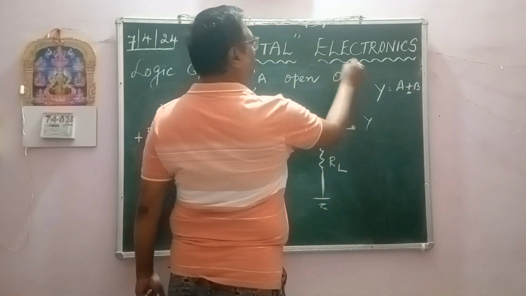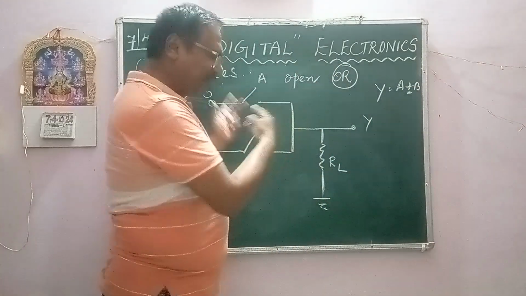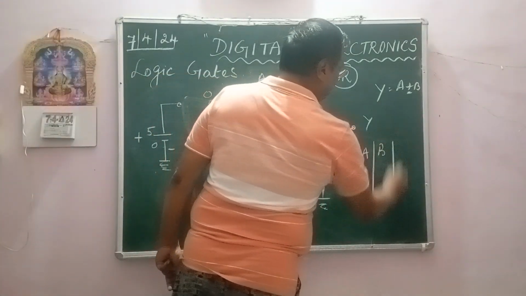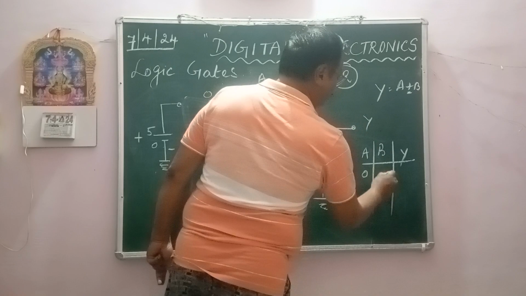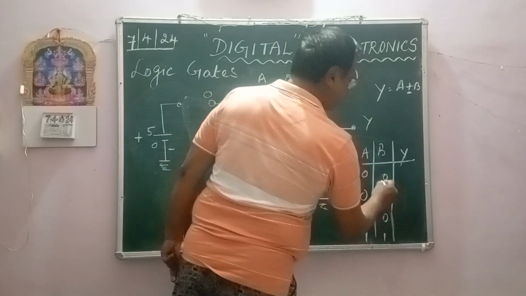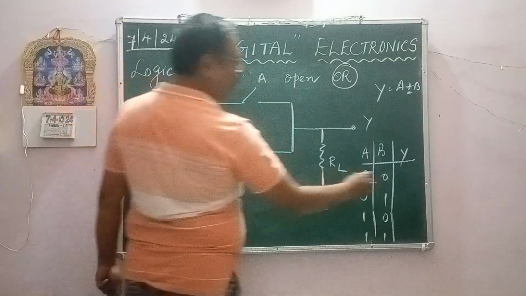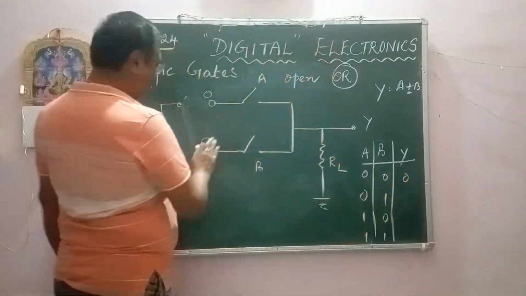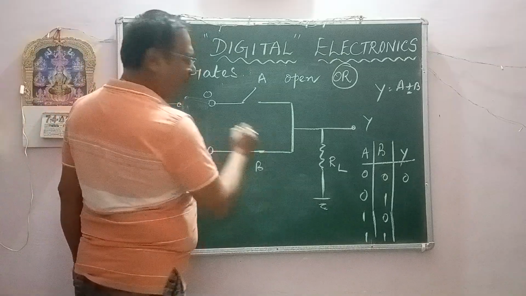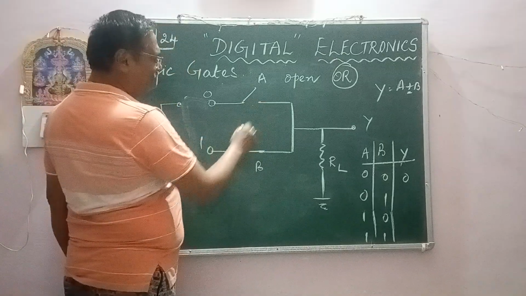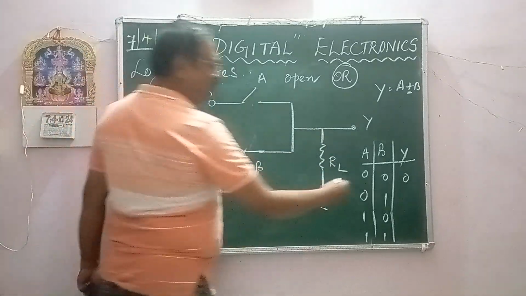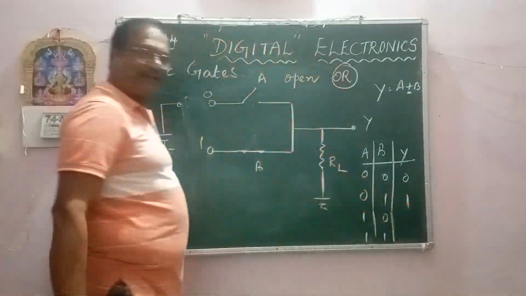I am explaining the OR gate to you once again with another approach, right? So A, B and Y: 0, 0, 0, 1, 1, 0, 1, 1. Watch carefully. 0, 0, off, off, so output 0. Now you apply 0, 1. That means one switch is on, the other is off. Even with one on, current will flow through, so naturally there is an output 1.